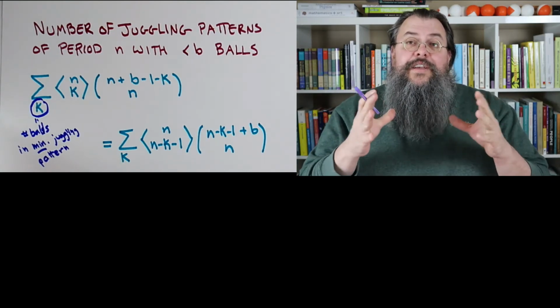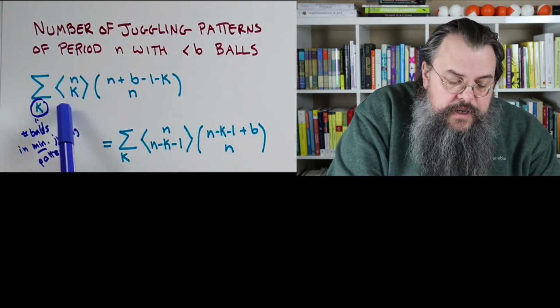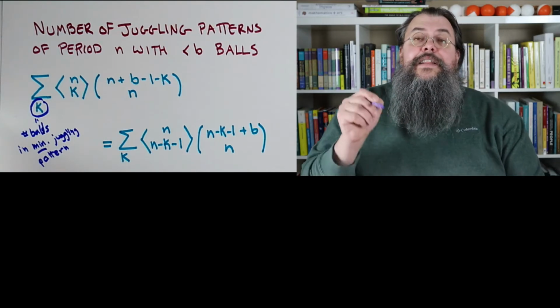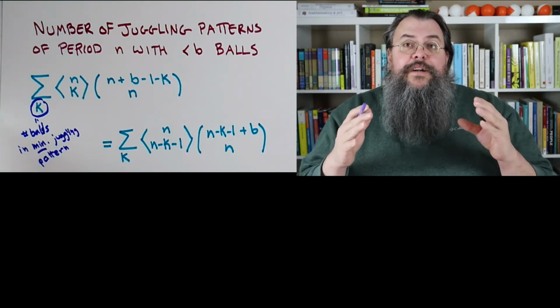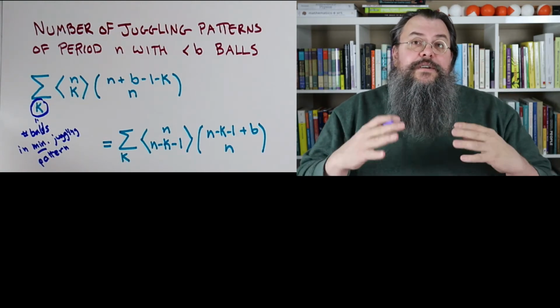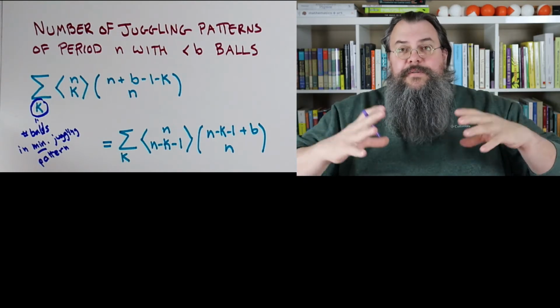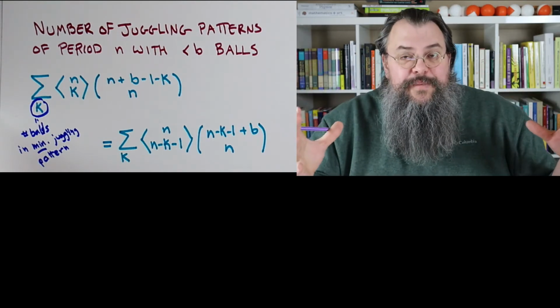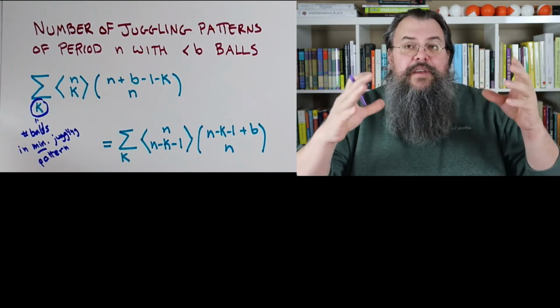Now this nicely relates to the first term, the Eulerian number n k. That is how many minimal juggling patterns of period n with exactly k balls there are. So in some sense, you could have written the sum in a different way, as a sum over all the minimal patterns, and then for each one, counting how many ways there are to bump things up.